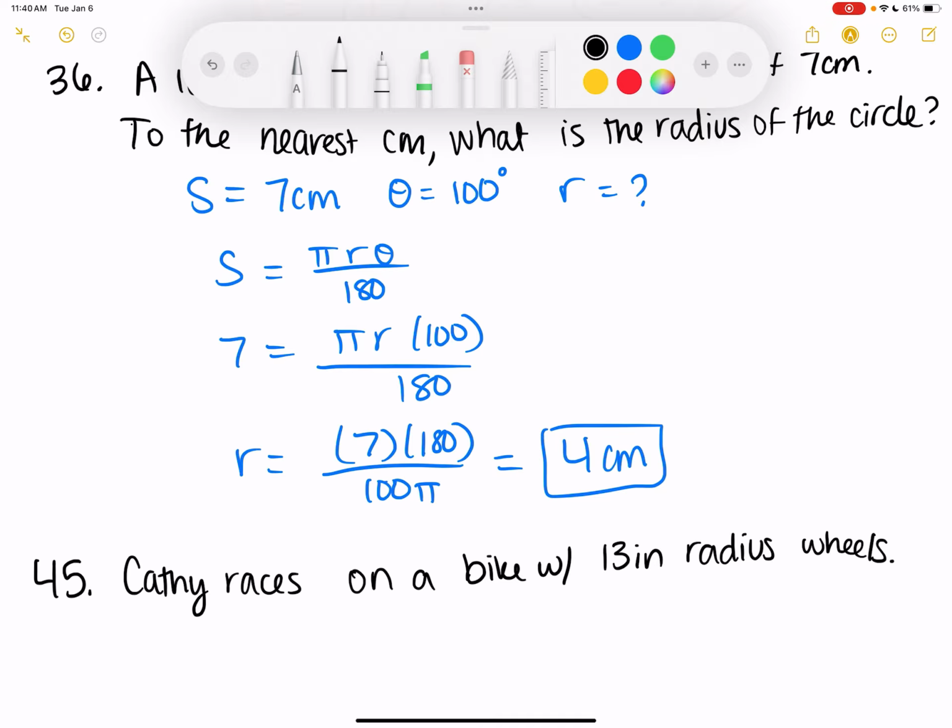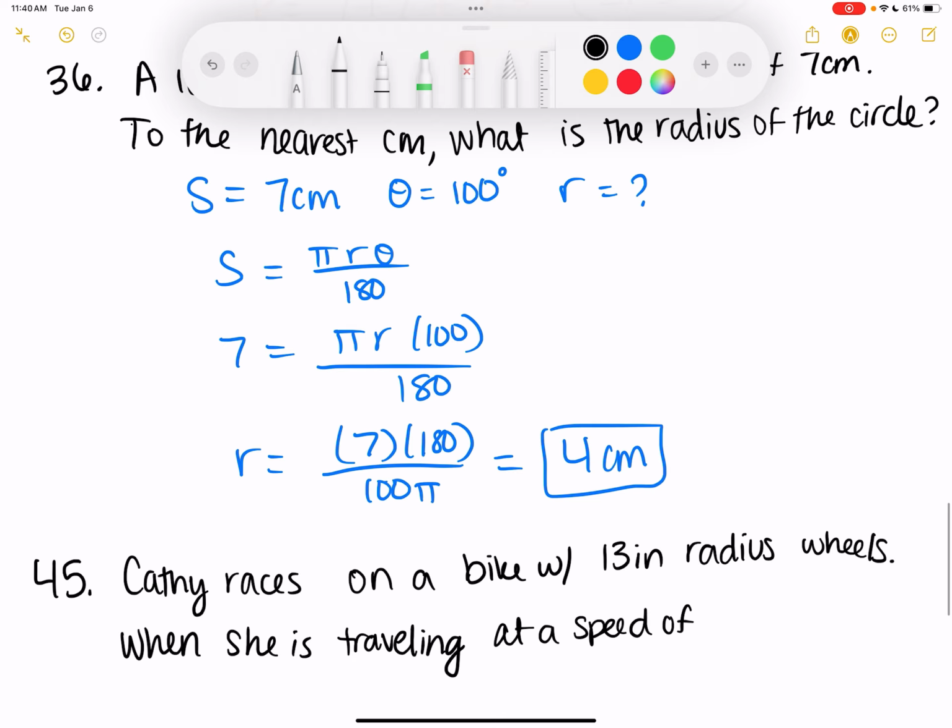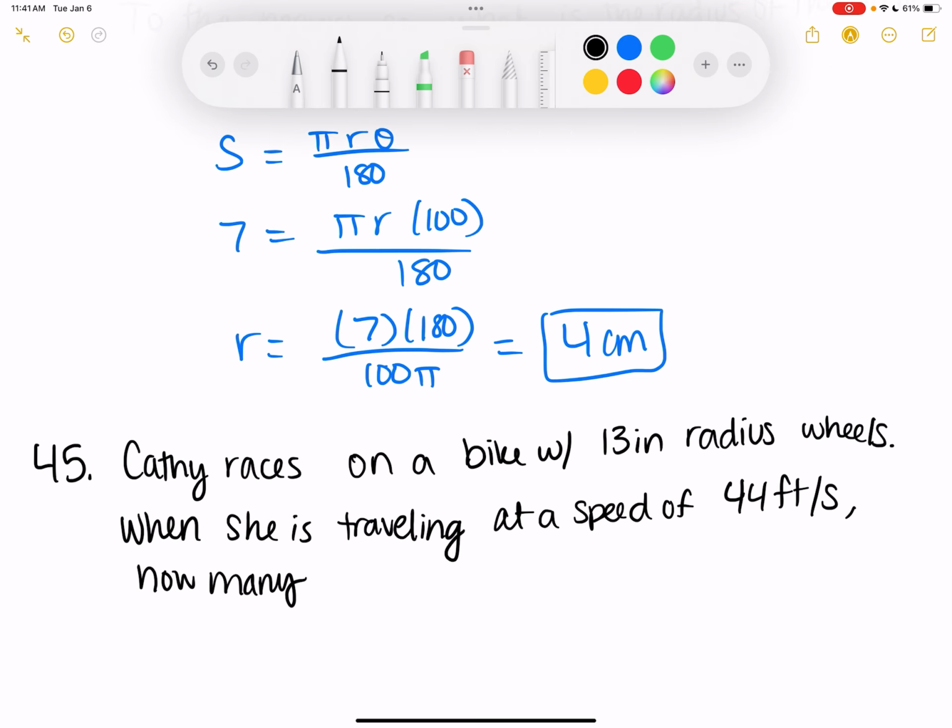When she is traveling at a speed of 44 feet per second, how many revolutions per minute are her wheels making?